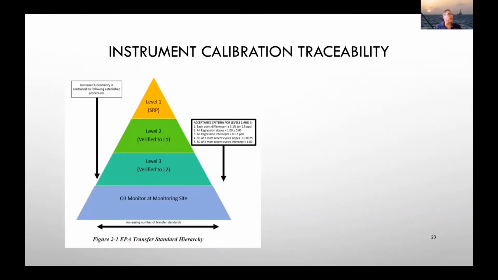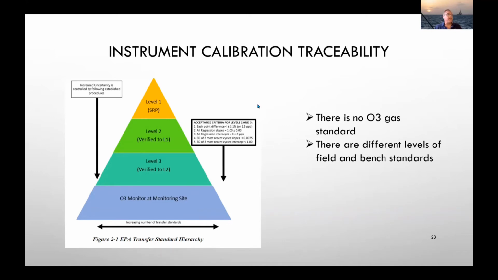Now we're going to talk about instrument calibration and traceability. Ozone is a very interesting gas in that there is no ozone standard. There's no EPA protocol ozone standard that you can buy in a compressed gas cylinder, similar to what you would have with SO2, CO, oxides of nitrogen.